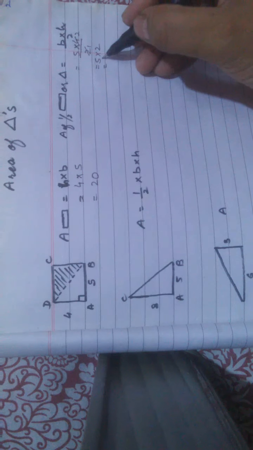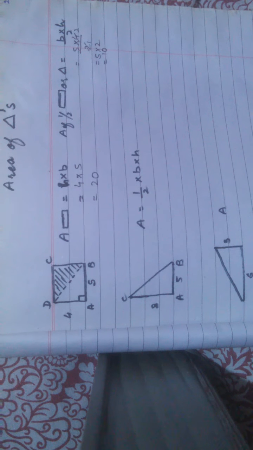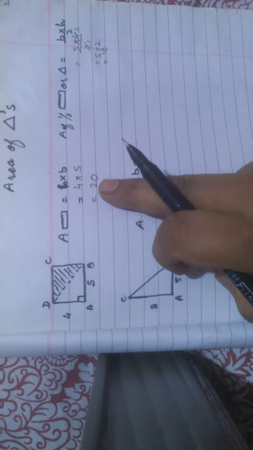Right? Now here we can simplify 2 and 4. 2 ones are 2, 2 twos are 4. So the remaining units will be 5 multiplied by 2. So the area of this half of the rectangle, which is the triangle, is 5 multiplied by 2, which is 10 square units. Right? And we know that half of 20 must be 10.